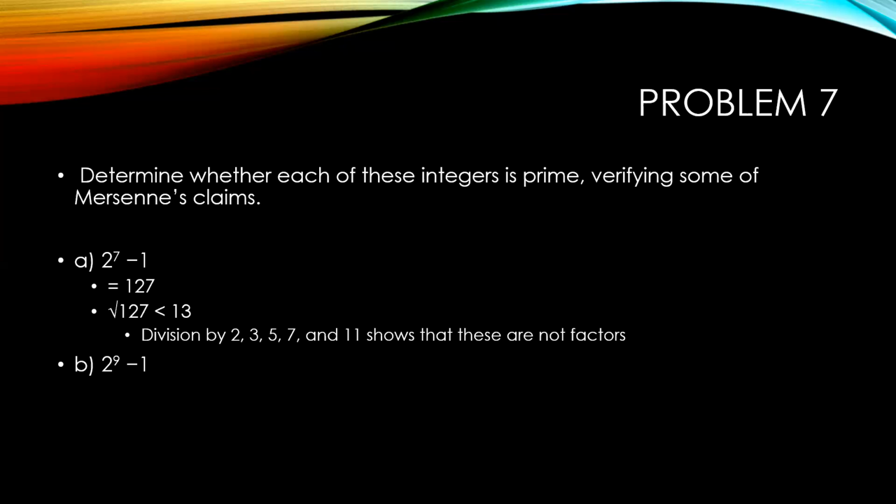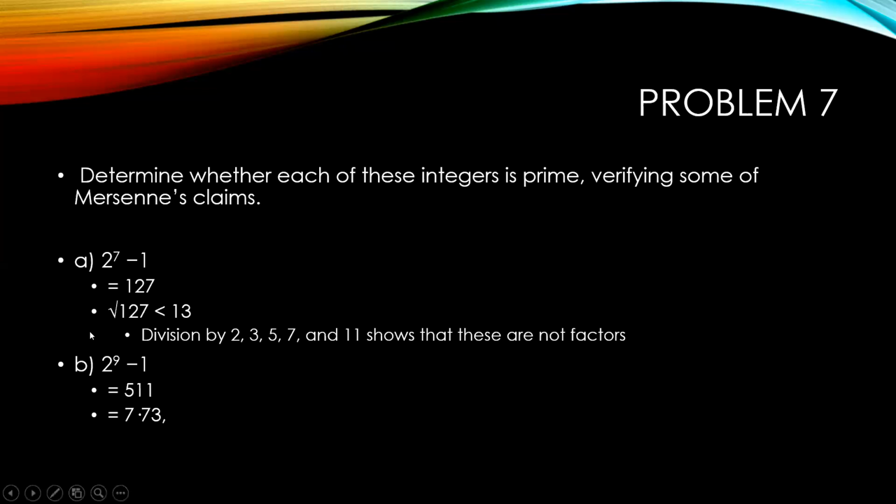How about 2 raised to 9 minus 1, even though 9 is not a prime number? Let's evaluate it and check if the result is still a non-prime number. The result is 511. Get the square root of it, and then check all prime numbers from 1 up to the square root of 511.